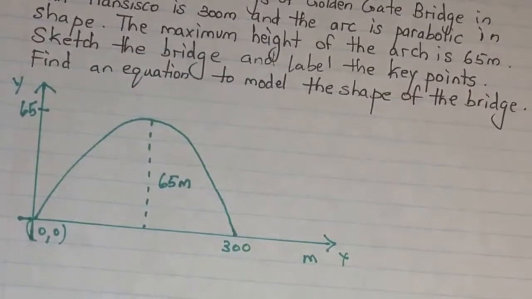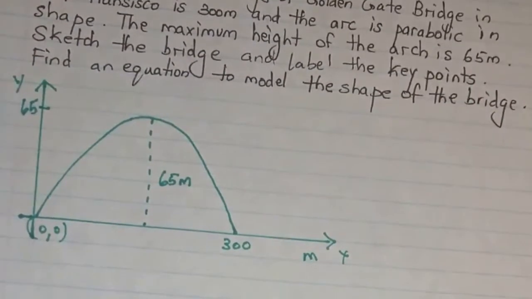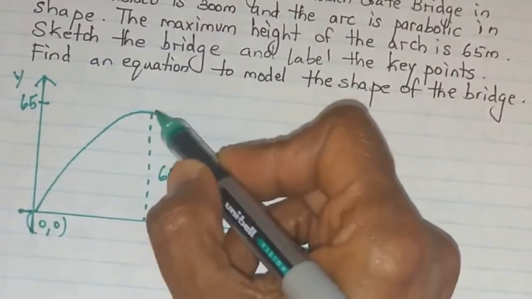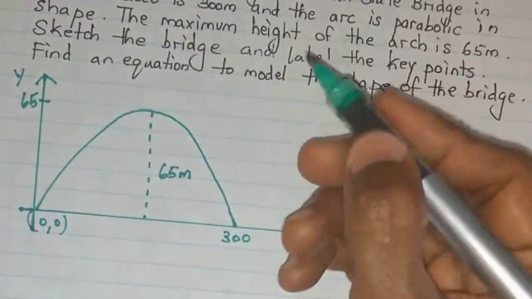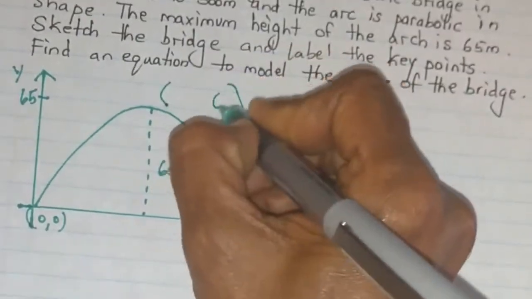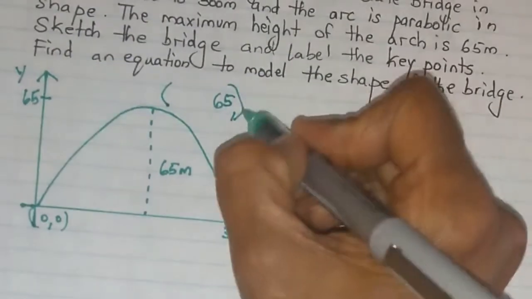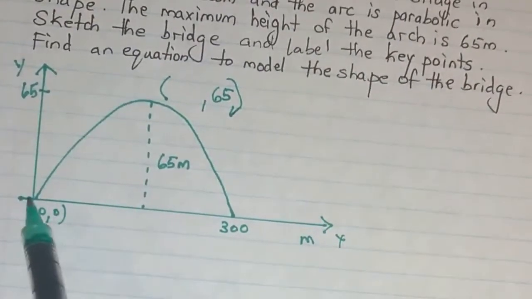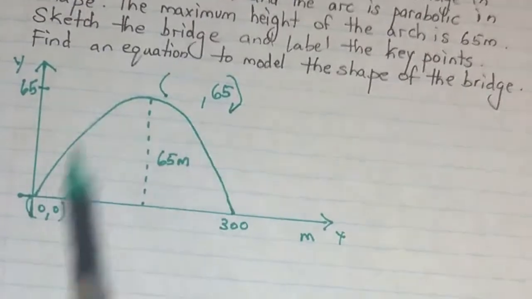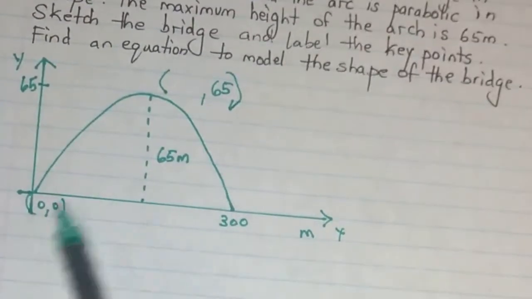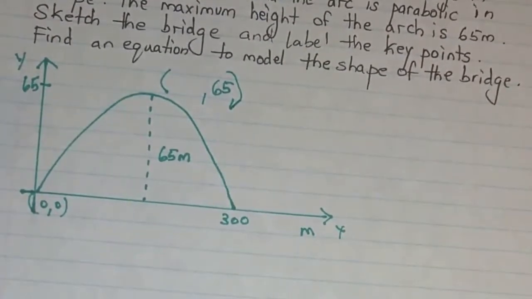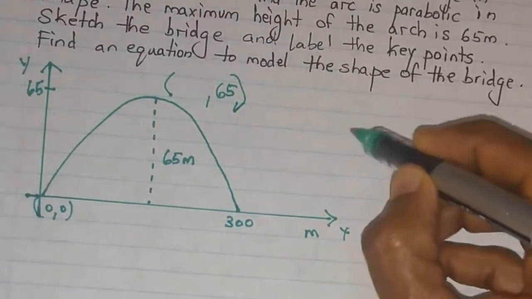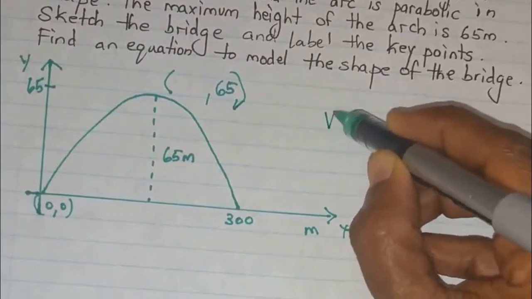Okay, so from what's given in the question, we know that the y-coordinate of the vertex is 65. To find the x-coordinate, if we have the two x-intercepts, these are the points at which the graph intersects the x-axis, 0 and 300, then we know how to find the x-coordinate of the vertex.